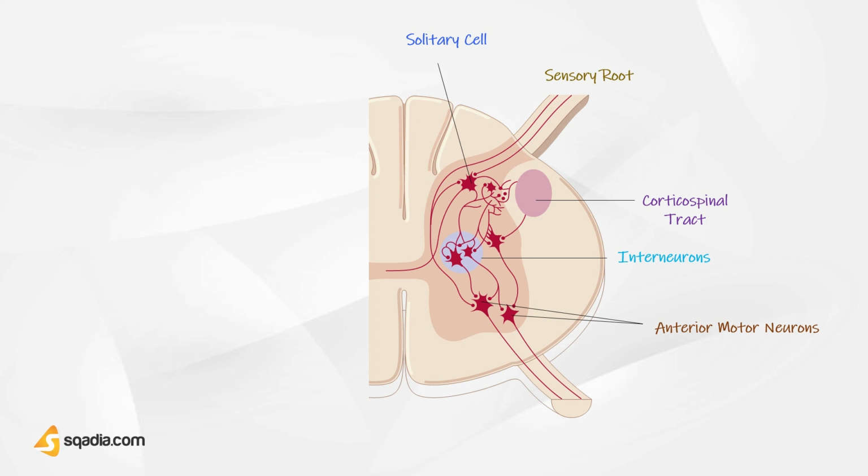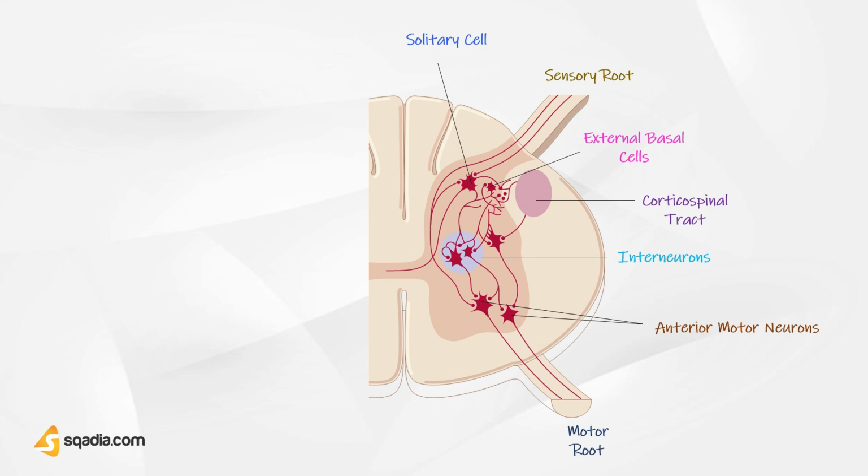It is the major spinal pathway involved in voluntary movements. This is the motor root. The motor root allows motor neurons to exit the spinal cord. These all will be discussed later in this video in detail.